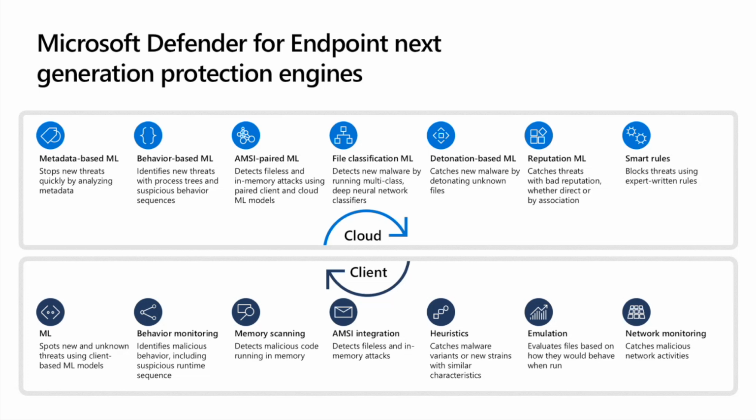So for example, with the file blocking capability, it'll spend so many seconds trying to make a decision on whether it trusts a file or not at the endpoint level. And if it can't decide, it'll actually send it up into the cloud. It'll take a sample of it, it'll sandbox it, it'll detonate it. And if it's found to be malicious, then it'll block it. So it's not just all number crunching locally, we've got the whole security backend in the cloud that's helping us out as well.